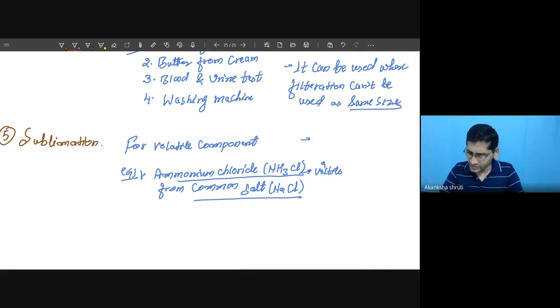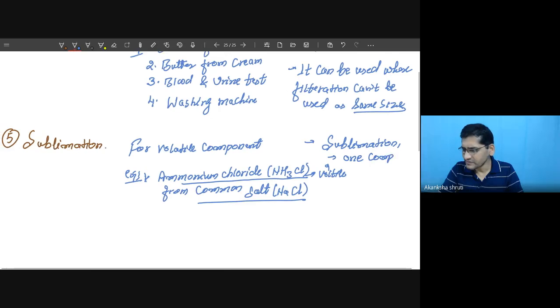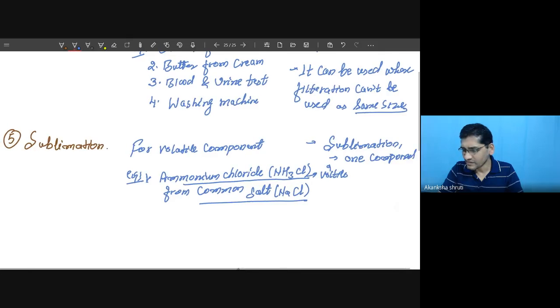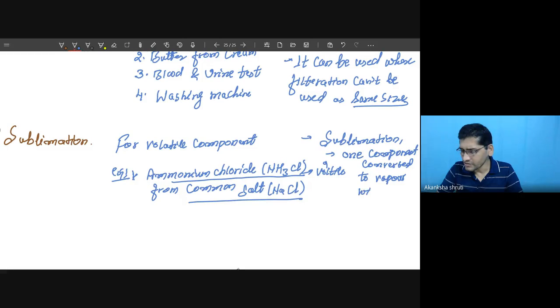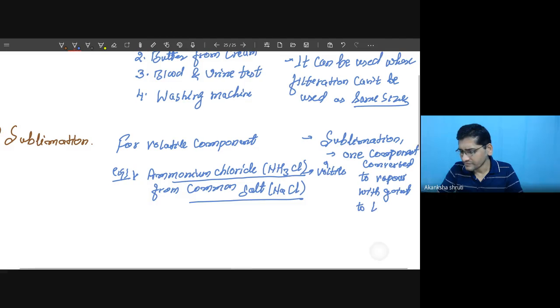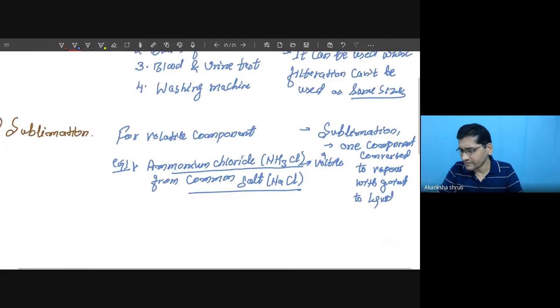The process of conversion of solid directly into vapor without going to liquid is called sublimation, where one component is converted to vapor without going to the liquid phase.